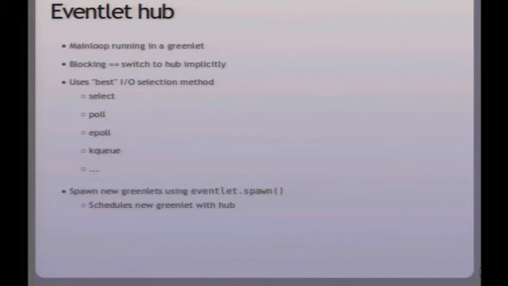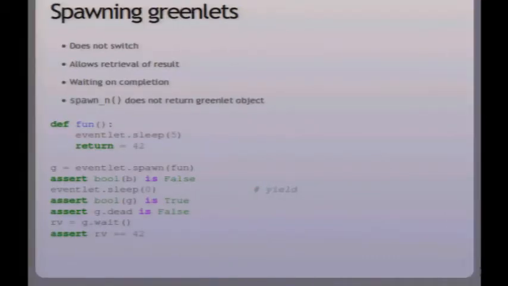As we already saw, you can spawn greenlets using eventlet.spawn, and that doesn't create a new thread. It just creates this new greenlet with a function body. So you pass a function body into spawn, and it creates this new greenlet.